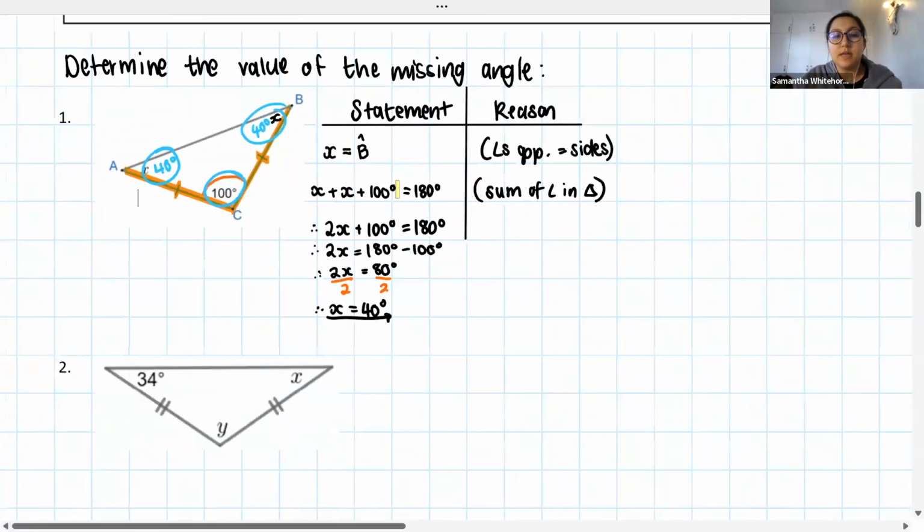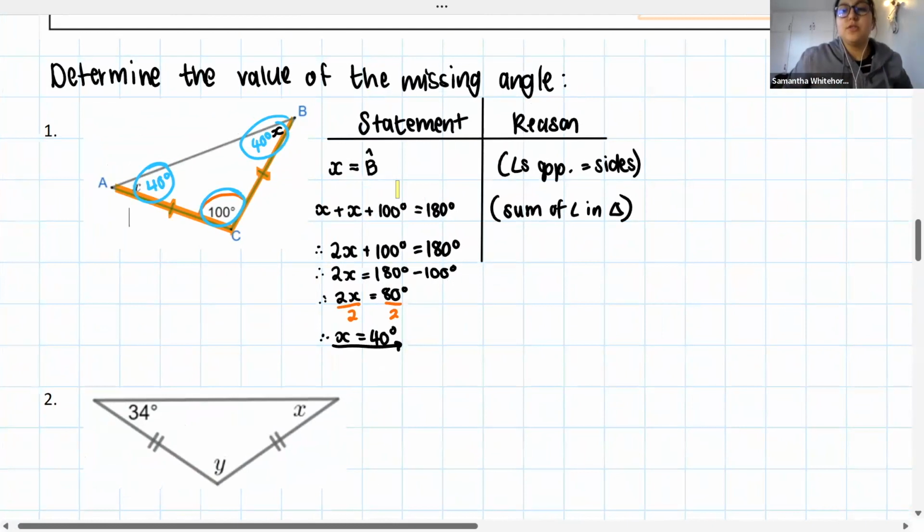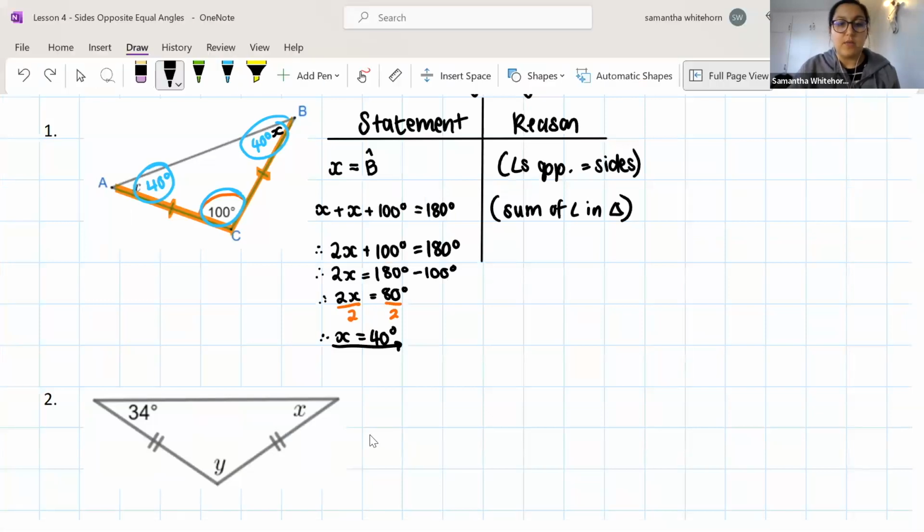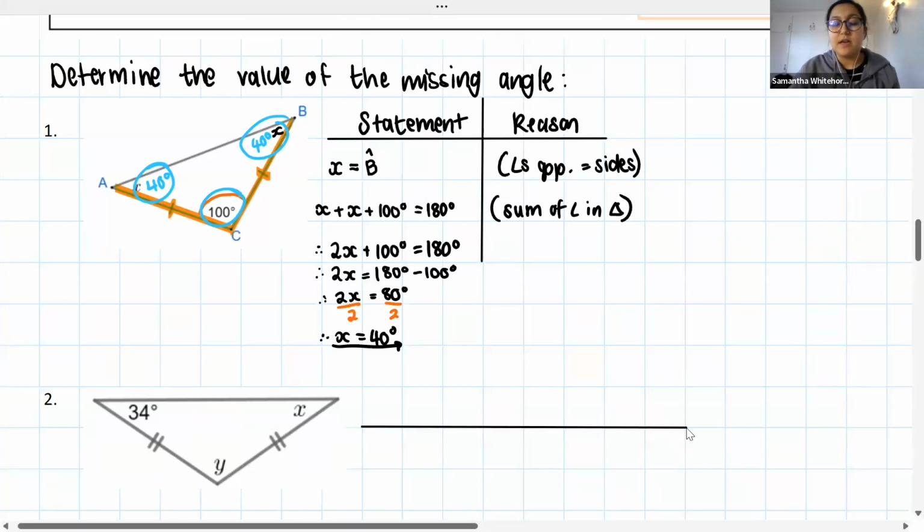All right, guys, so I'm just going to make that a touch smaller. What I want you to do is try question 2 for me, by yourselves. Please take note of the fact that in question 2, you are looking for x and y.